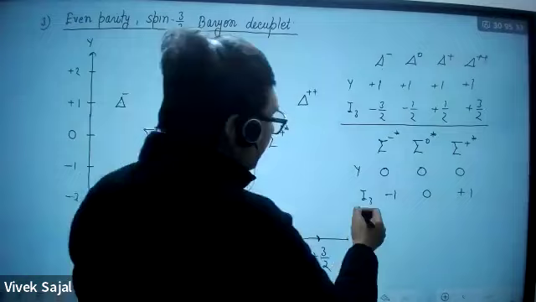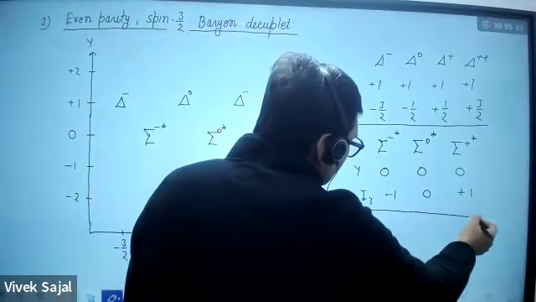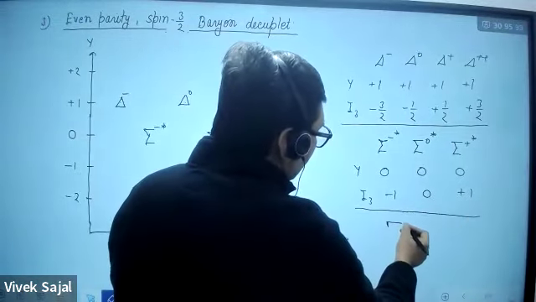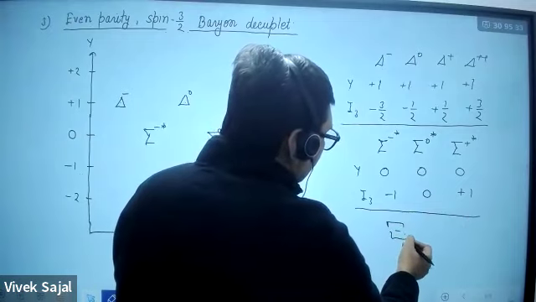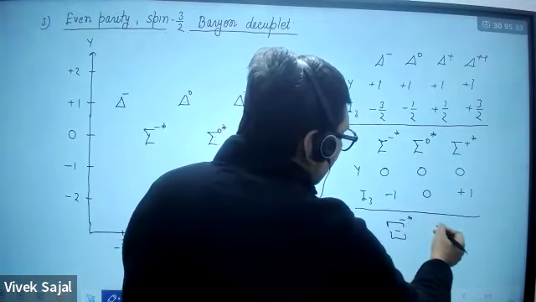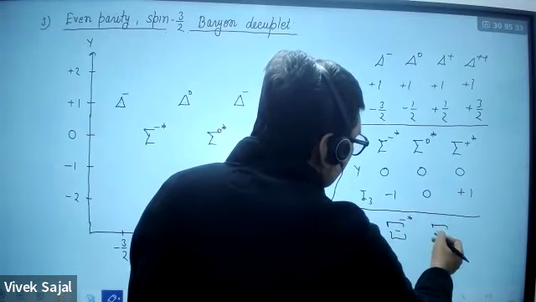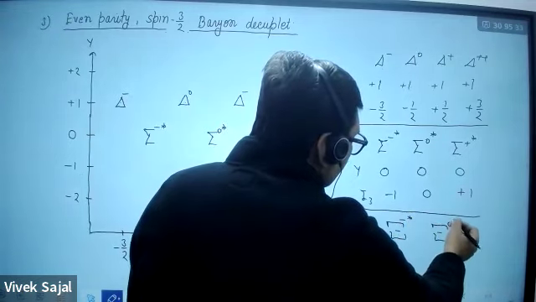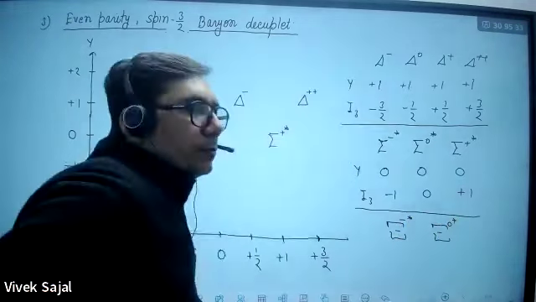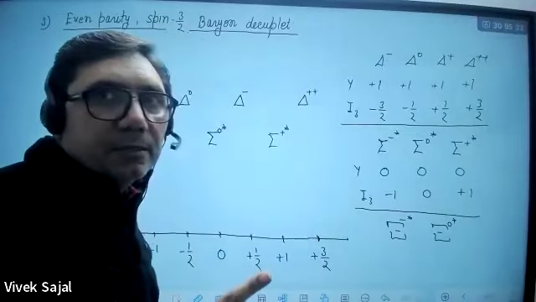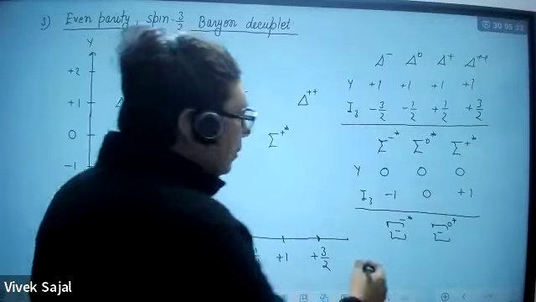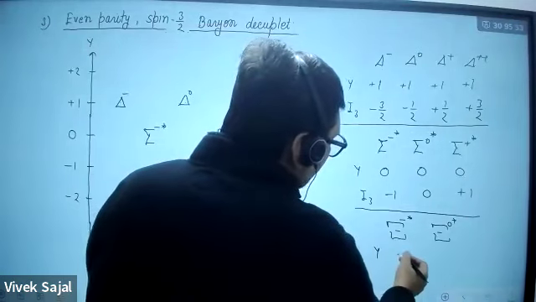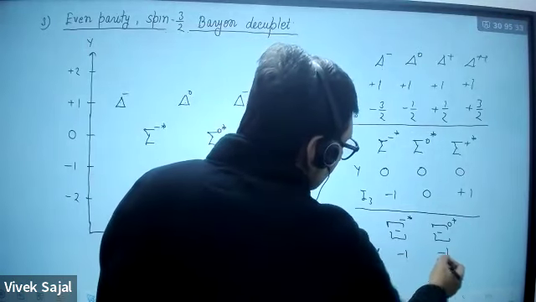After sigma, there will be cascade stars. So this will be cascade negative star, and this will be cascade neutral star. Okay, so the baryon number is +1, the strangeness number is -2. So the Y number will be -1 here and -1 here.